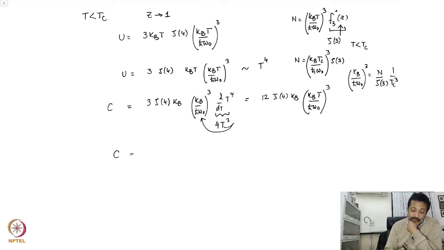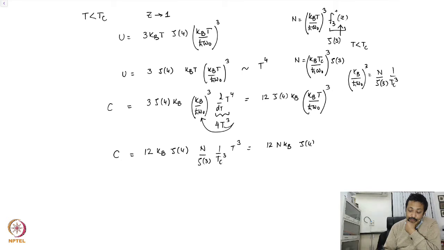So my specific heat becomes 12 kB zeta 4, and then I have N over zeta 3, 1 over Tc whole cube times T cube, which takes a very simple form: 12 N kB zeta 4 over zeta 3 times T over Tc whole cube.